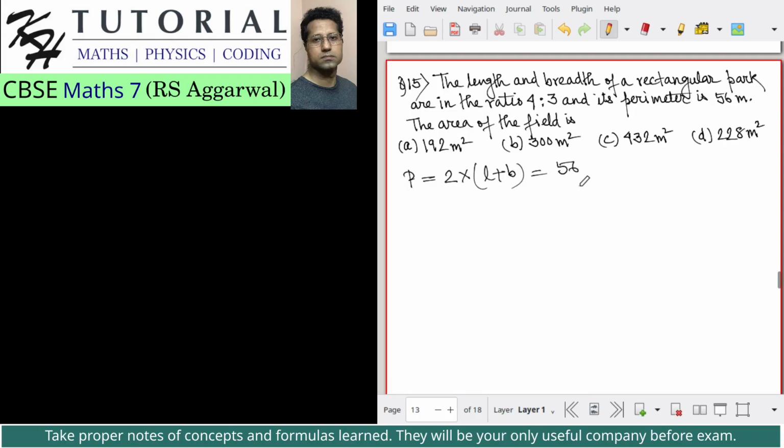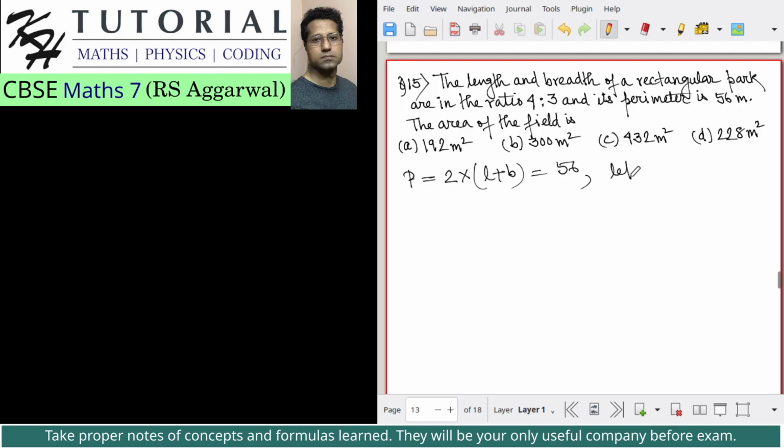So 2 into L plus B, where L is the length of the rectangular park and B is the breadth of the rectangular park. Also we know the ratio of the length and breadth is given to be 4:3.